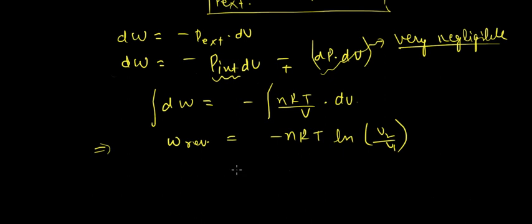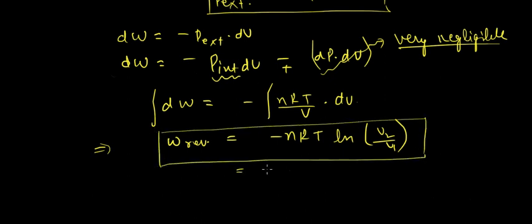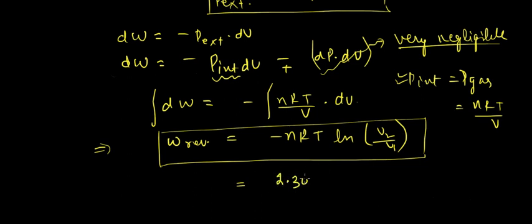Okay, so in this case we assume that P internal would be equal to the pressure of the gas, that would be equal to nRT upon V. So here we can also write that it would be equal to minus 2.303 nRT log V2 upon V1.